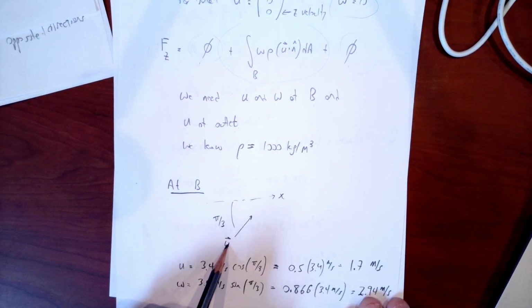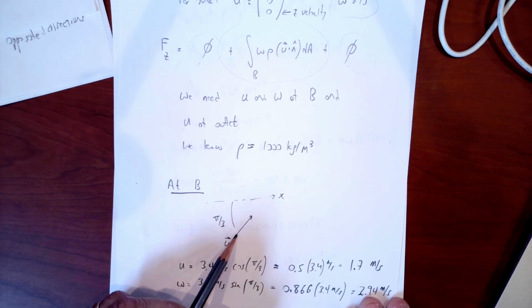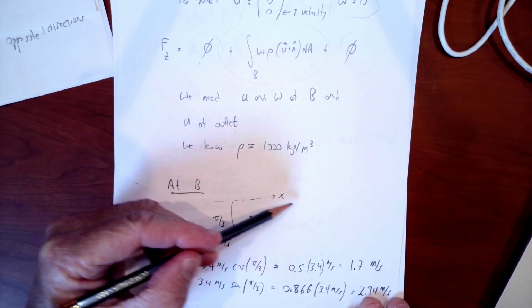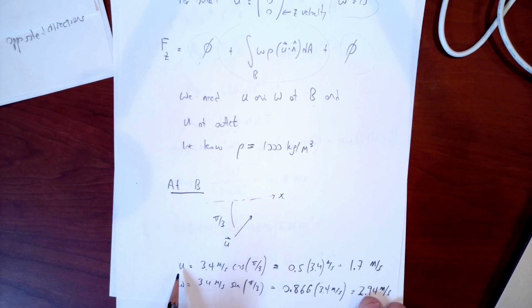So we know the U vector here, and we know the angle relative to the x-axis. So we can calculate that the x component of velocity is 3.4 meters per second, which is the magnitude of the U vector you were given, times the cosine of pi over 3.